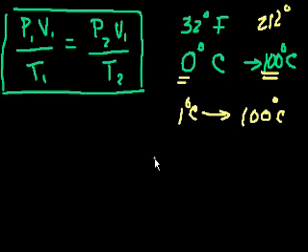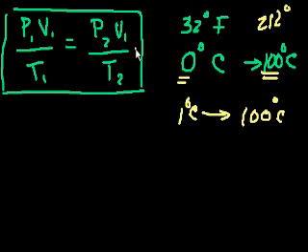The interval is arbitrary. You could pick 1 degree as being 1/100th of the distance between 0 and 100. But where you start, at least in the Celsius scale, is a bit arbitrary. They picked the freezing of water. So later on, people figured out that there is an absolute point to start at.